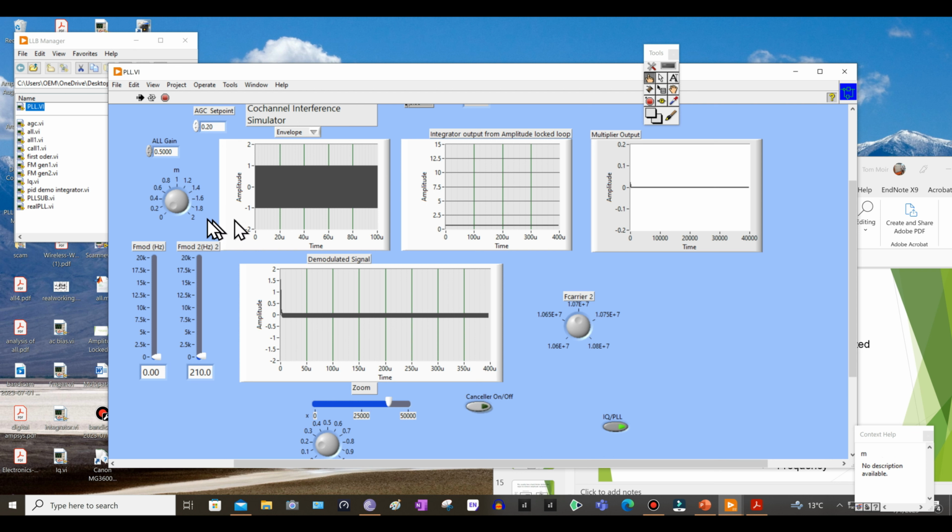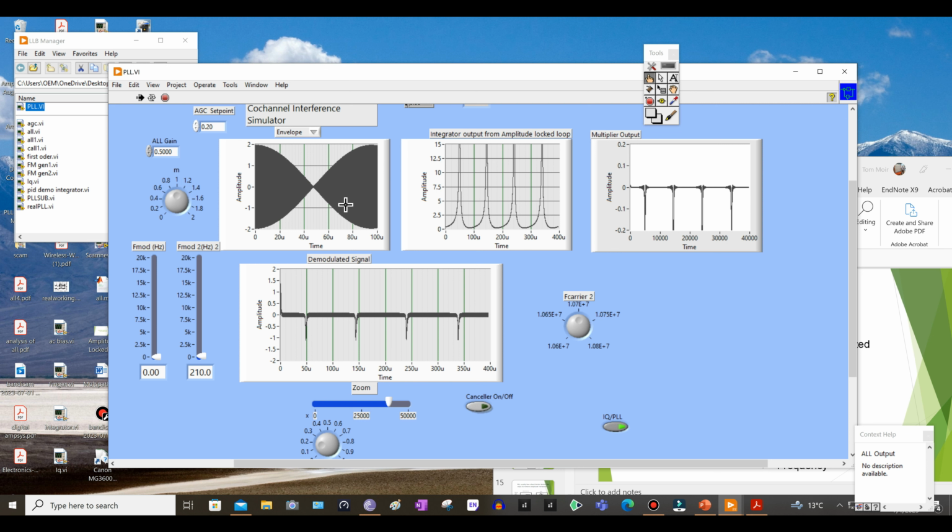Now I've got a second carrier here, and I'm going to bring that one up. I'm going to offset it slightly so that it's not at the same frequency. And now I'm going to bring it up. And when M becomes 1, they're both the same amplitude. Now you can see the envelope is exactly as we predicted.